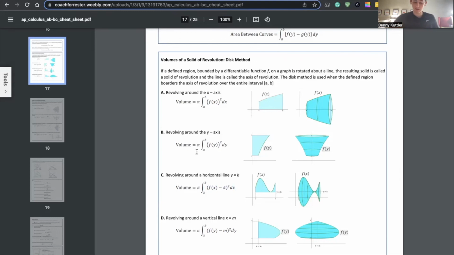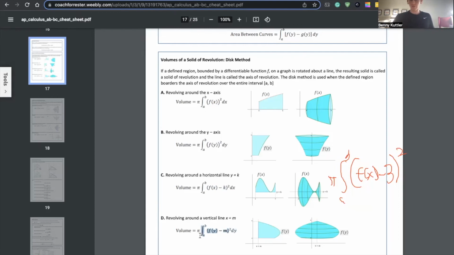It's the integral of pi, instead of just f of x squared, it's f of x minus whatever that y equals. In this case it's 3, then that whole thing squared from a to b. And that is how you do it around any line. And the same thing applies to the vertical line. That's just for horizontal lines.